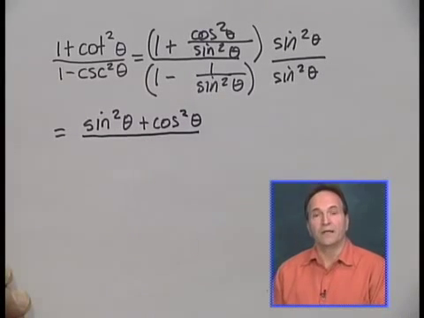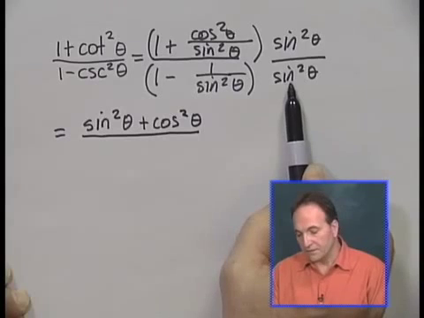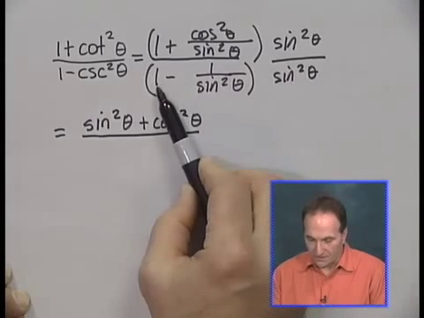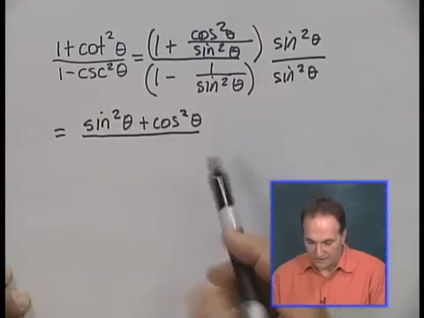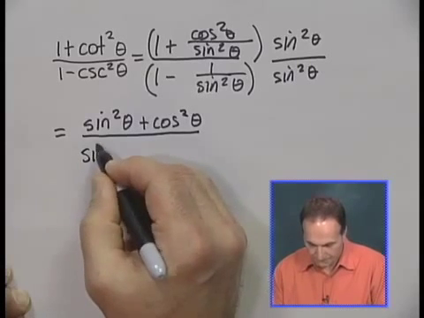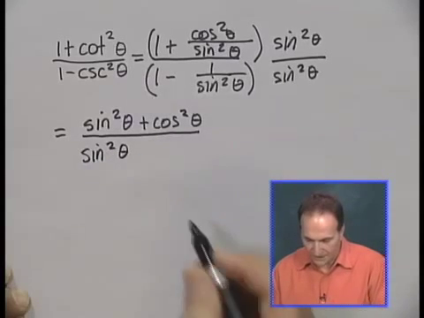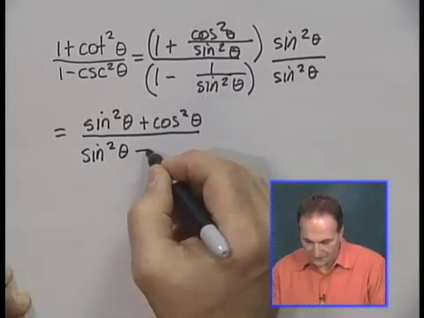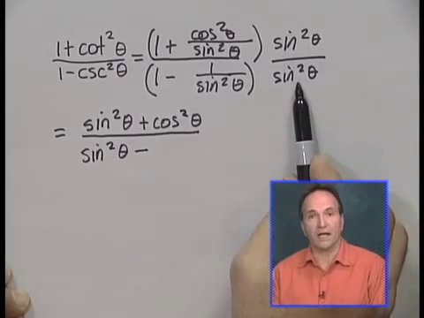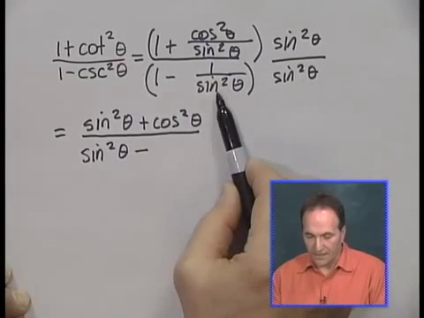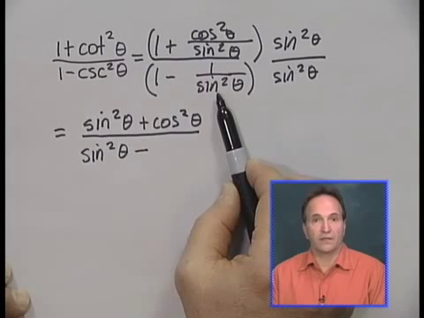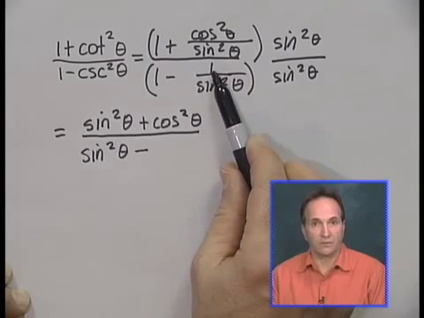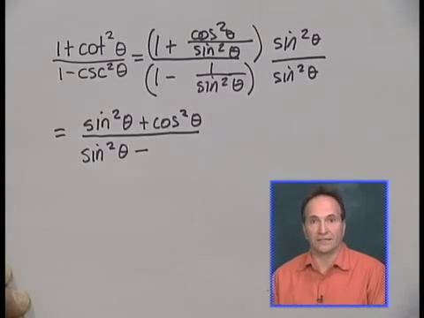Divided by. Next, we distribute the sine squared theta into this parenthesis, so sine squared theta times 1 is sine squared theta. Then we have minus. When we multiply here, we get sine squared theta divided by sine squared theta, which is 1, times the 1 that's in the numerator, so that's equal to 1.